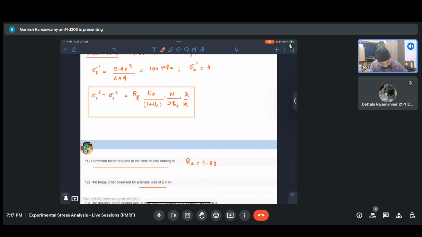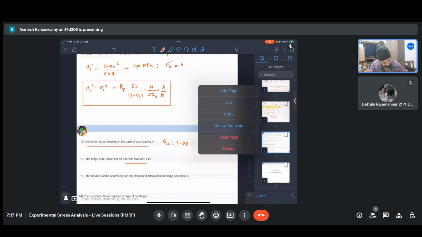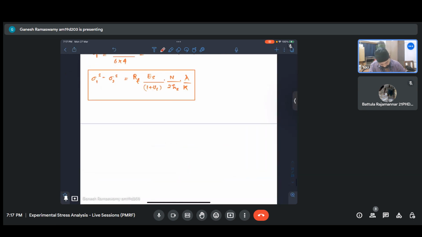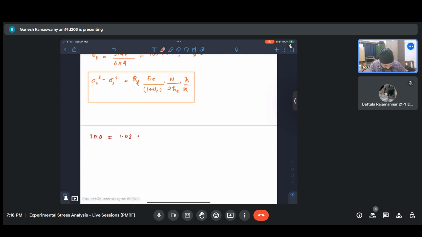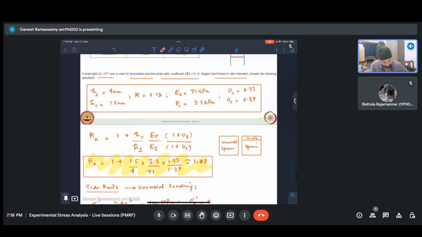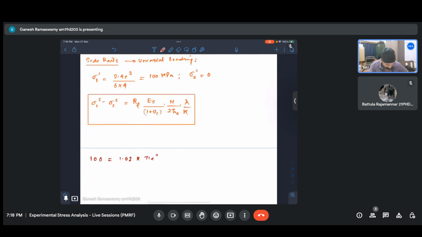Sigma 100. This will essentially be 100 minus 0, or 100 MPa. What was the correction factor we got? 1.02 into ES. ES is 71 GPa upon 1.33. 1 plus mu into N by 2 into HC.